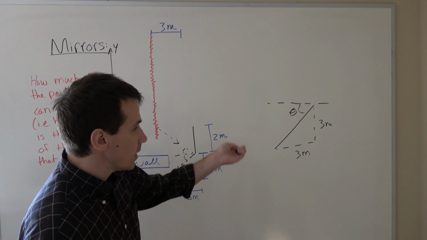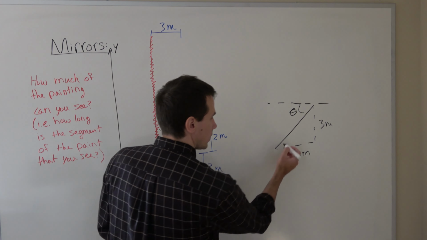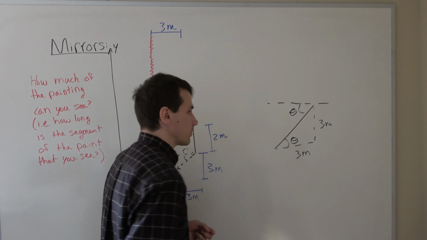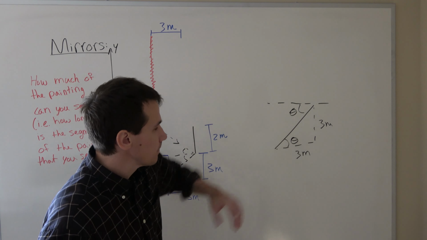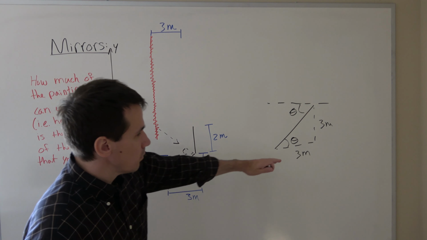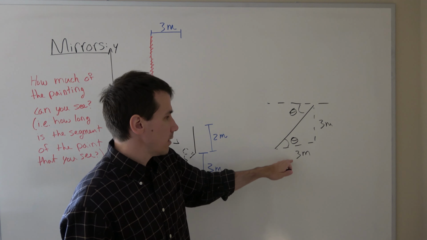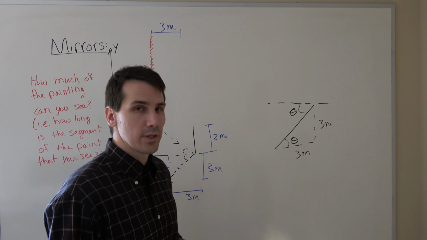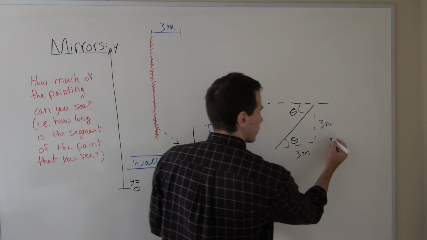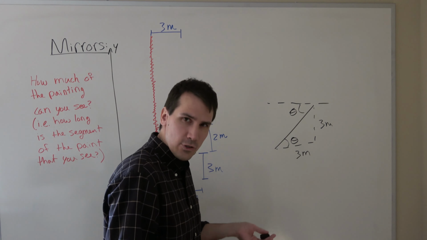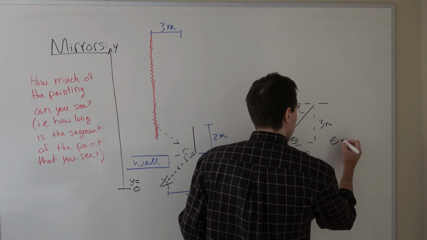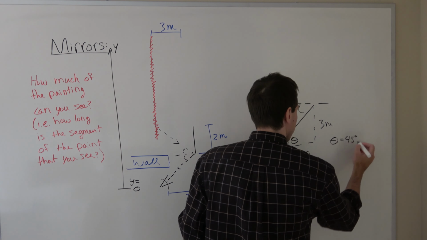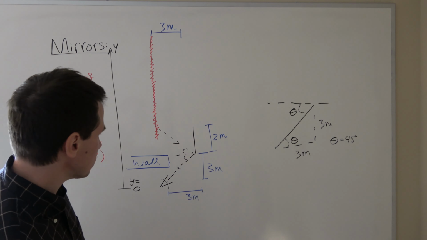But due to the symmetry of the system, we know that these two angles, these two thetas, must be the same. And because the two sides of our triangle are 3 meters and 3 meters, we know that this must actually be 45 degrees. So we could do an arctangent to figure this out, but we can just visually see here that theta must be 45 degrees.